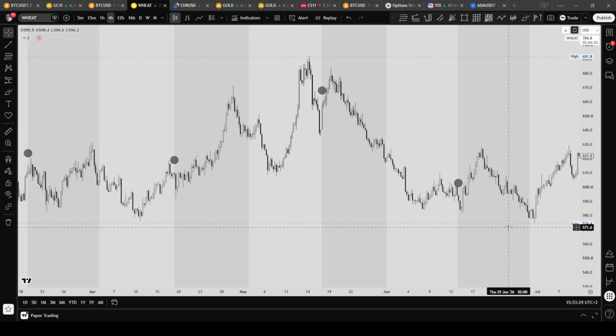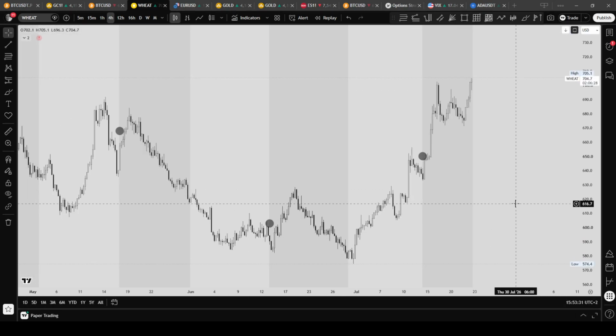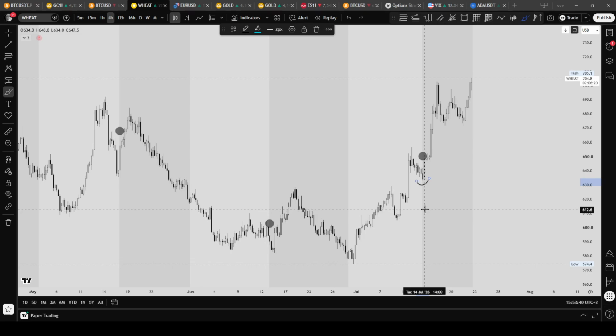Okay, here we are on wheat, and as you can see, if we go to the very last point of the chart, we see the last lunations, and they are really good. As you can see, look here, exactly on the low. We top on Friday, then Monday and Tuesday down, and Tuesday we get the lunation and we run up again. Same here.